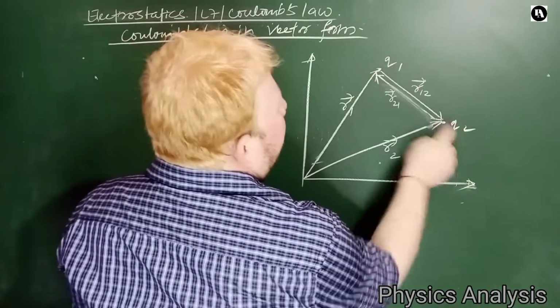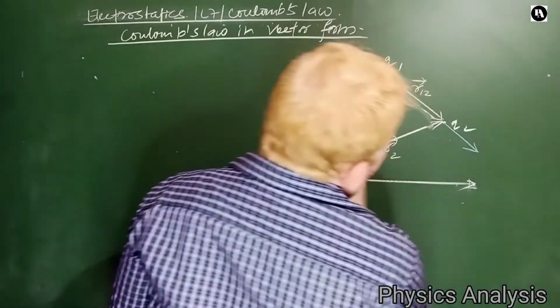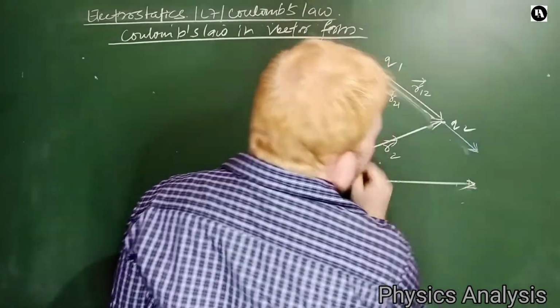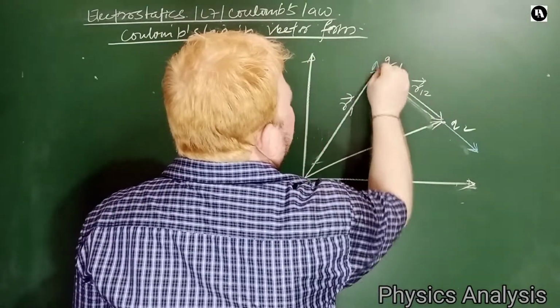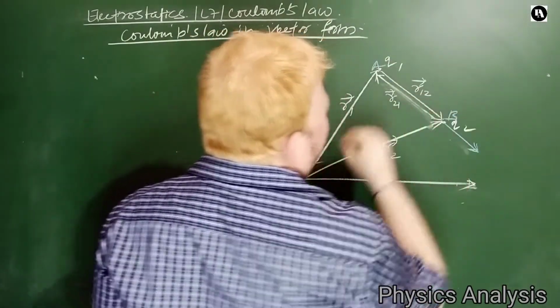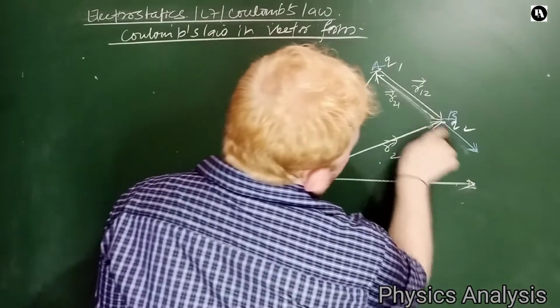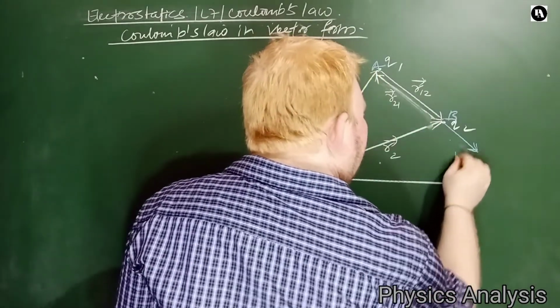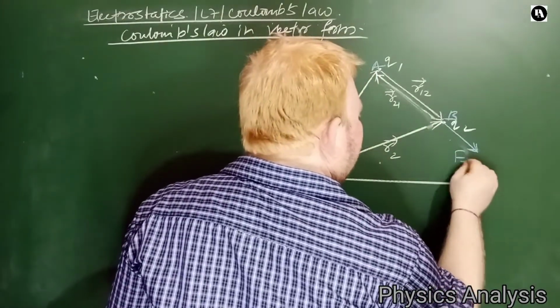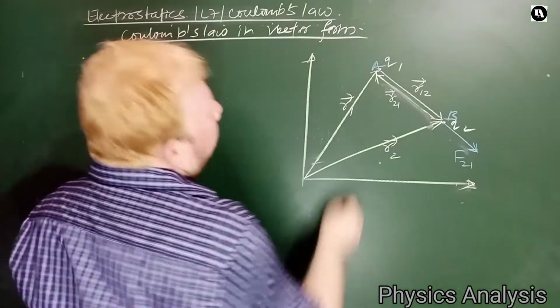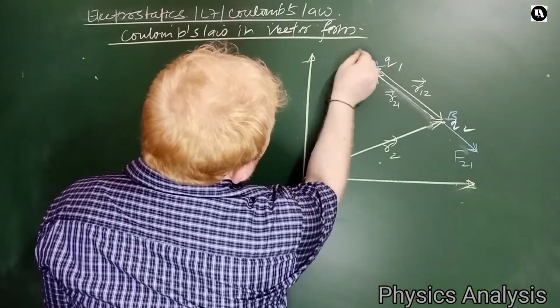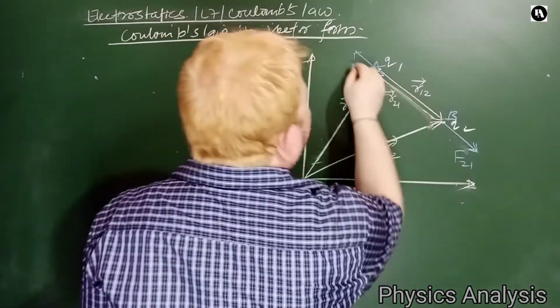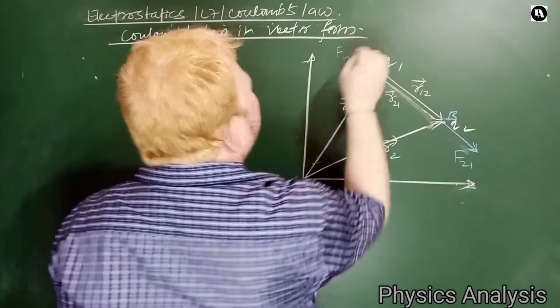If both are of the same kind, here I am writing A and B for convenient purpose. Along this way, F21, and here because of 2, the force will be F12.